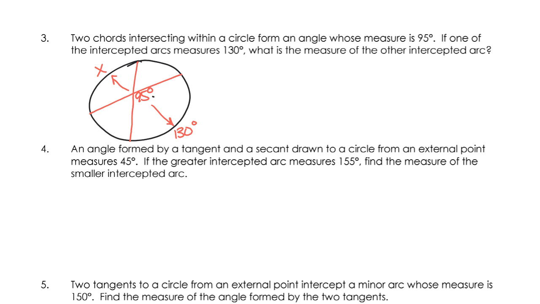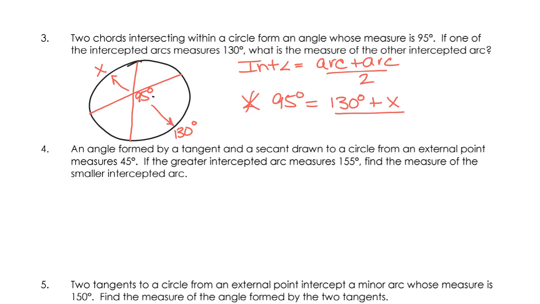We have interior angles, and their formula is arc plus arc, divided by 2. We know the angle, so we'll put 95 degrees equal to one intercepted arc of 130 plus the other one, which I don't know.